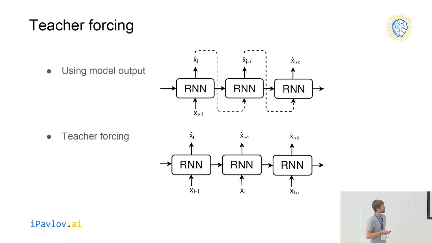The last way is called teacher forcing. The main difference between these two approaches is that in the first approach, we have the same computational graph during train and test time, but in the second approach, we have different computational graphs, because during test time, we don't have these ground truth labels. During test time, we should use also this approach. We should feed our own outputs from previous step on the next time step.